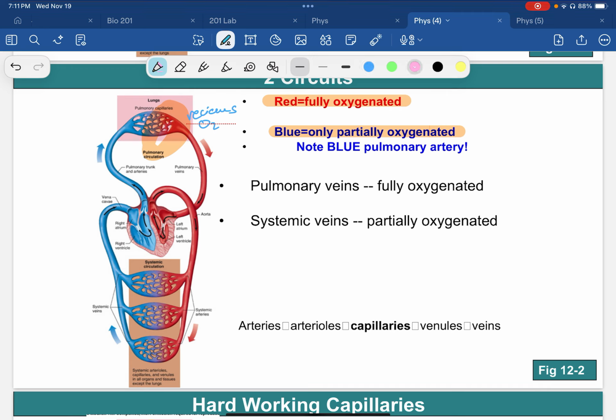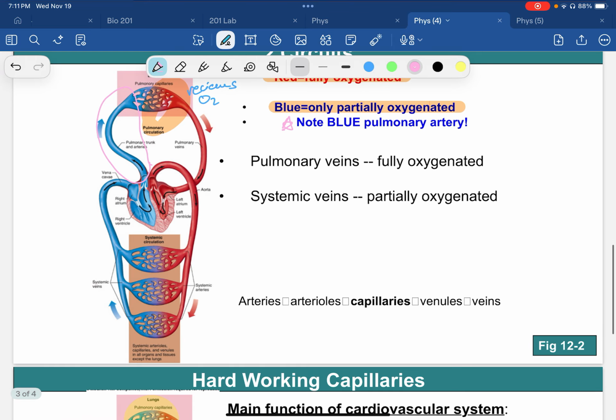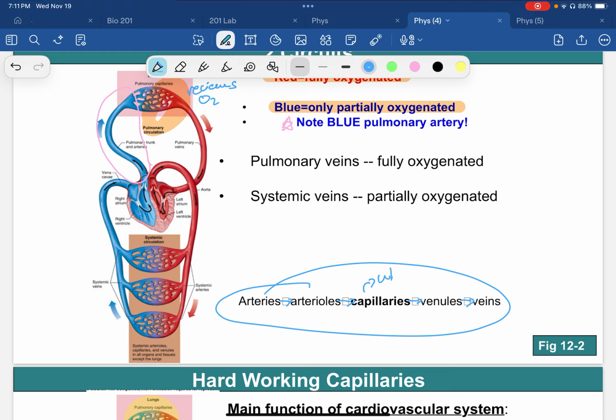But a key exception here is that this artery is taking it to the lungs. So it's a little bit different because it's going away from the heart, which typically are oxygenated, but this is taking it away from the heart still, but just to the lungs. And then again, here is kind of like that diagram like we had up there, but just written out. And it flows this way. And our capillaries are where diffusion occurs.